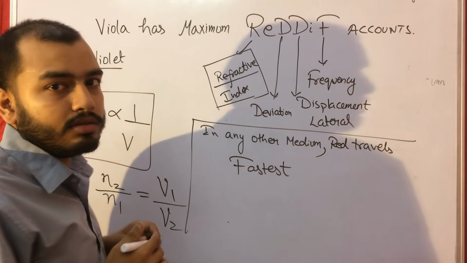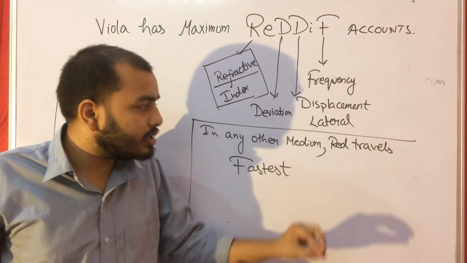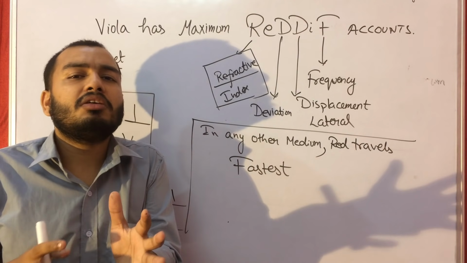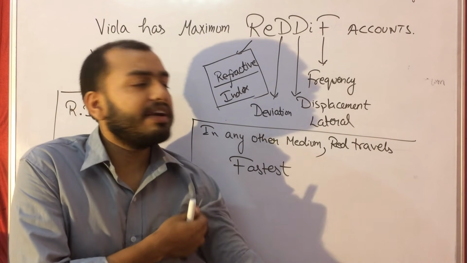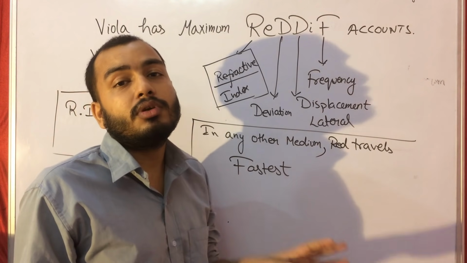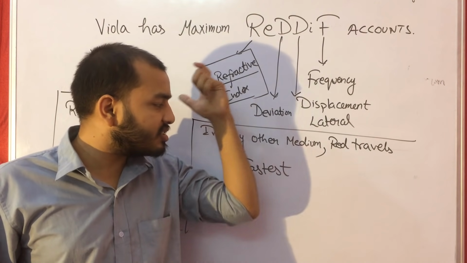Oh my God. Now what has happened? Look what has happened. When we go in glass, when we go in water, red starts traveling at the fastest speed. Red takes the maximum speed. Not in air, not in vacuum, but in any other medium. Red travels with the fastest speed.